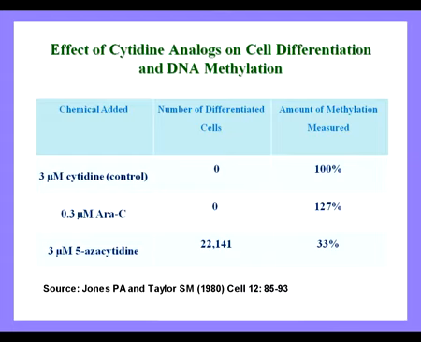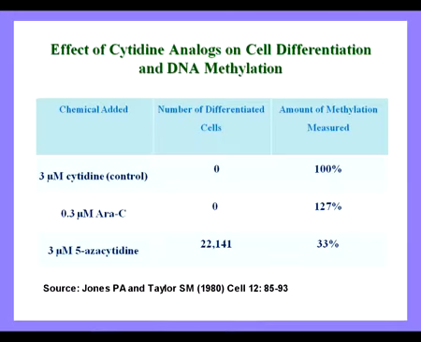Whereas the experiment containing 3 micromolar 5-azacitidine showed remarkably different results compared to the control and arabinose cytosine. 22,141 cells were found to be differentiating. That means they showed some differences in their morphology, and it was taken as the initiation of differentiation. Comparing with the methylation pattern, only 33% of the CpG islands were methylated. This suggests that methylation has a direct correlation with cell differentiation.